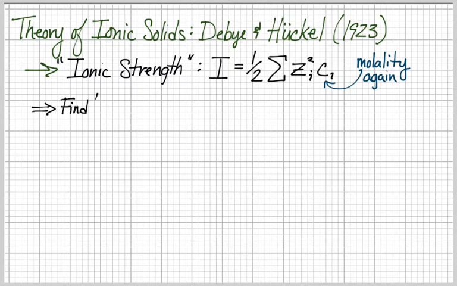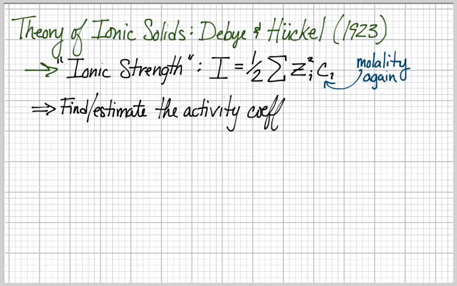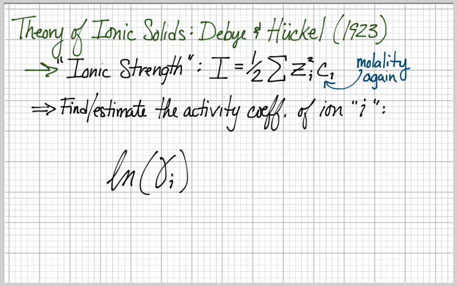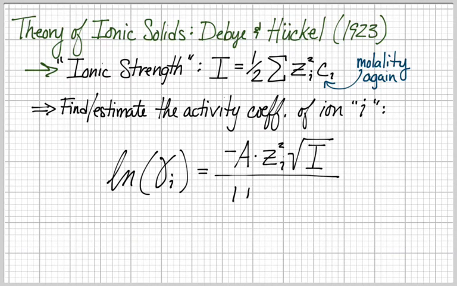So if I want to find or estimate the activity for my system, I'm going to find that the activity coefficients are affected by the ionic strength. So if my activity coefficient is gamma, let's frame this in a natural log format.